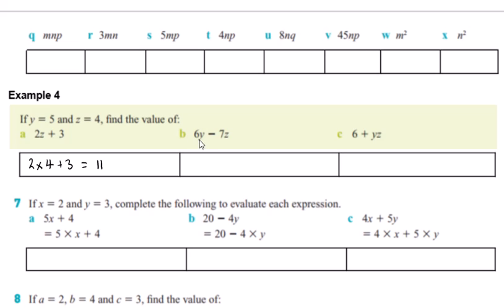B says we have an expression 6y minus 7z. So it's going to be 6 lots of 5 minus 7 lots of 4. 6 5s are 30, 7 4s are 28. 30 take away 28 is 2.